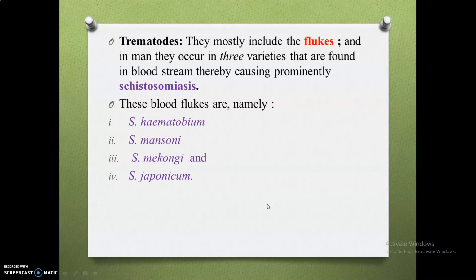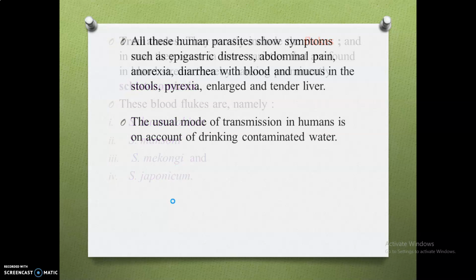Trematodes, these are non-segmented flatworms. They mostly include the flukes, and in man, they occur in varieties that are found in the blood stream, thereby causing schistosomiasis. These blood flukes are called Schistosoma haematobium, Schistosoma mansoni, Schistosoma mekongi, and Schistosoma japonicum.